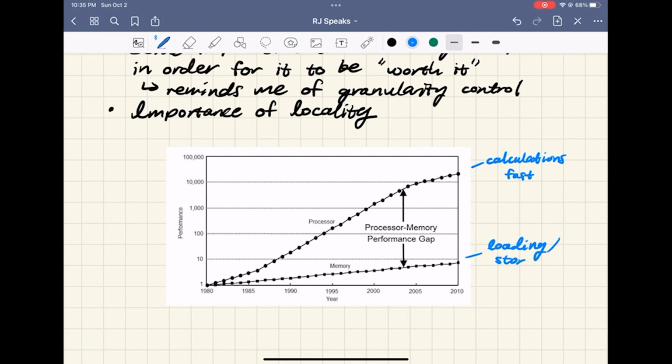So we have to be strategic about what kind of information we load and store so that we don't have to do so much waiting. The amazing thing about software is that most of the time we naturally write programs with good enough locality, but in case we ever need to improve our locality, understanding how all of this works under the hood can be pretty helpful.